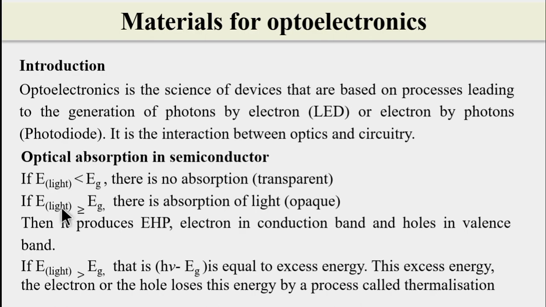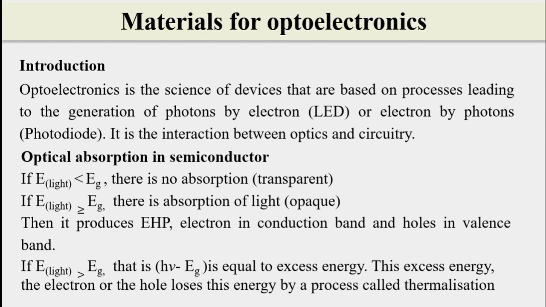When this happens, it produces an electron-hole pair in the semiconducting material. You can abbreviate it as EHP, that is, the electron in the conduction band and the hole in the valence band. We know from the idea of bonding orbitals that the valence band is completely full and the conduction band is completely empty.